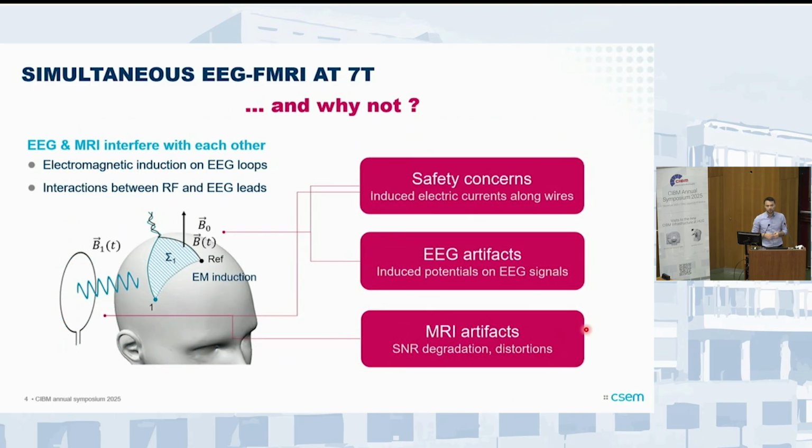Why would you not want to do that at 7T? The reason is that when you combine EEG and fMRI, you create interactions between the two modalities that interfere with each other.